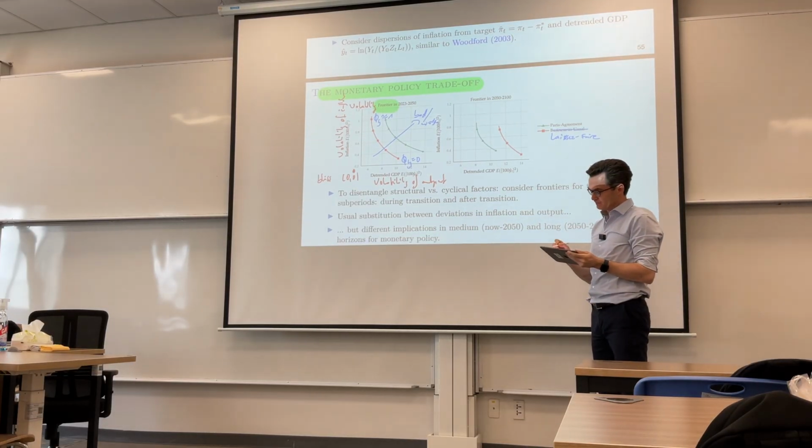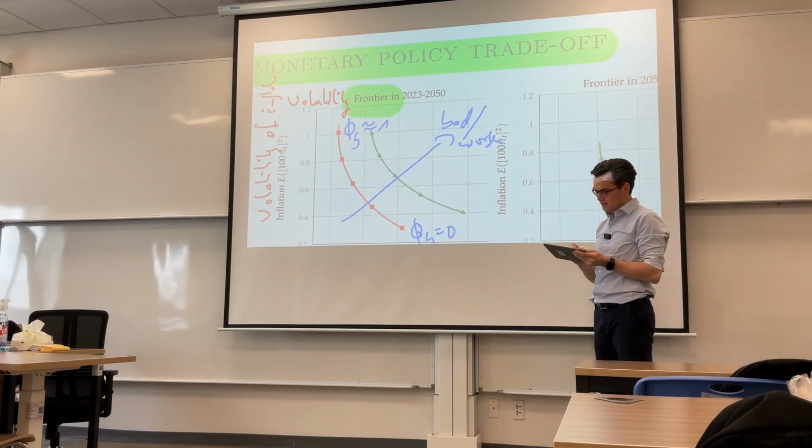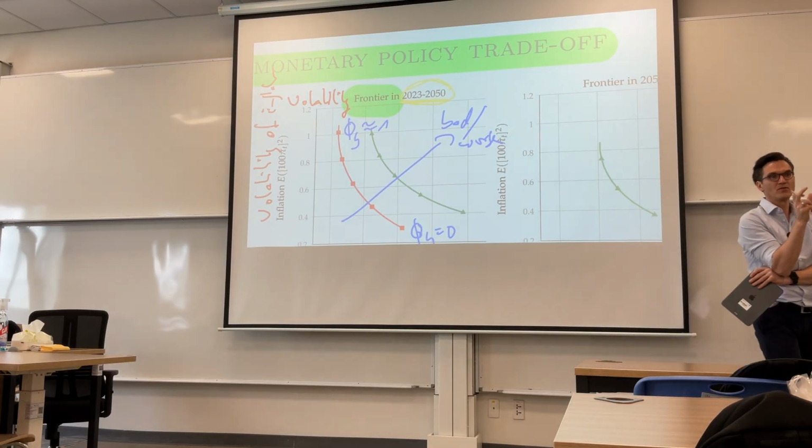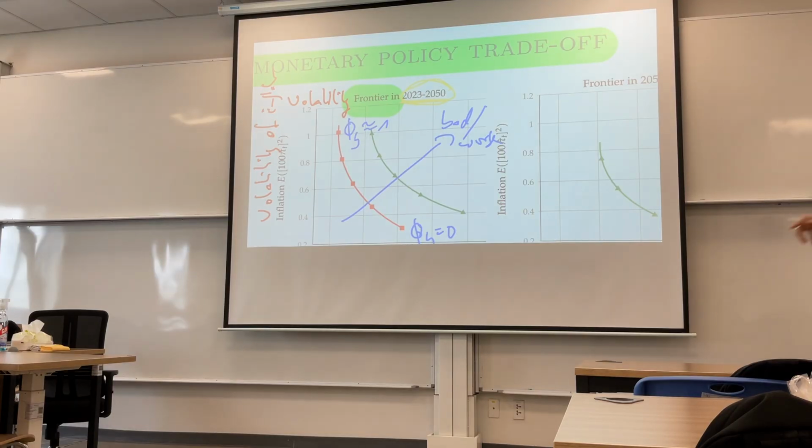Notice that this volatility frontier shows the volatility of the model variables in the first 25 years of the transition. The authors consider a transition, then they consider different phi values, and always compute the volatility of output and inflation in the first 25 years.